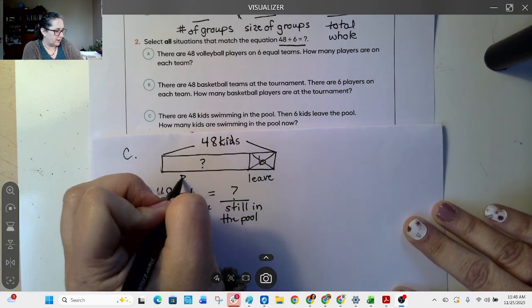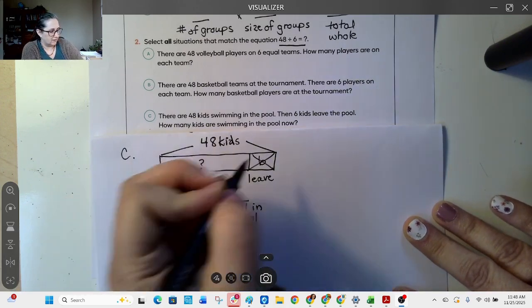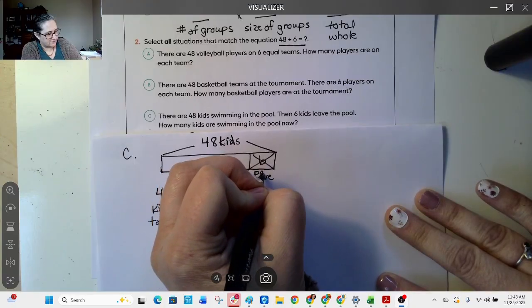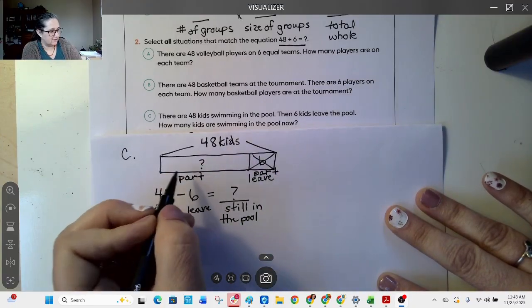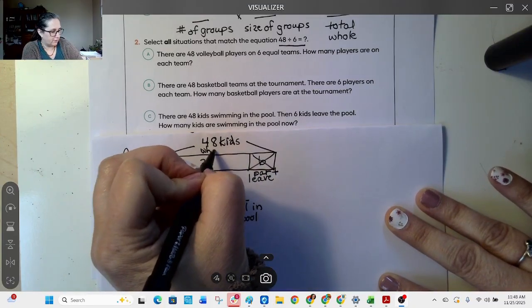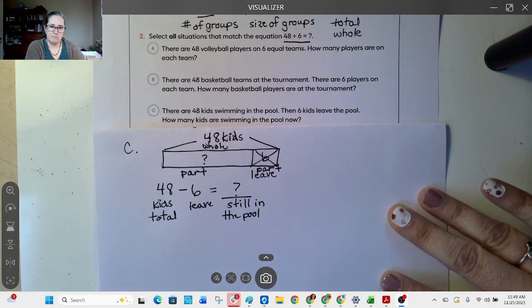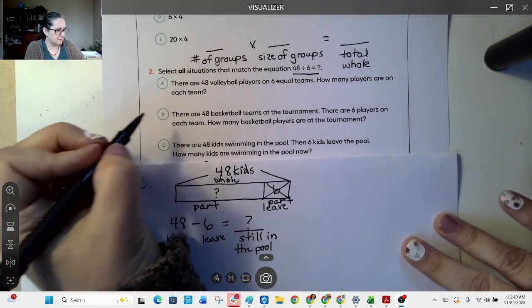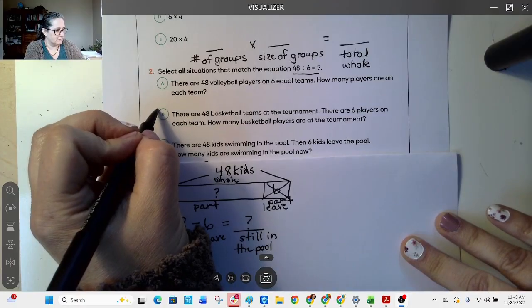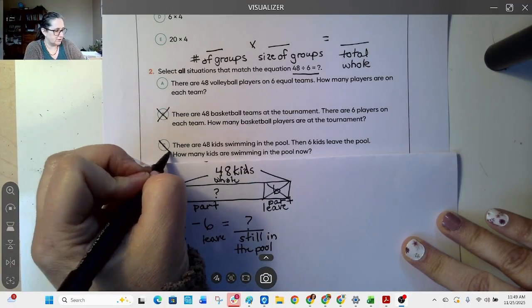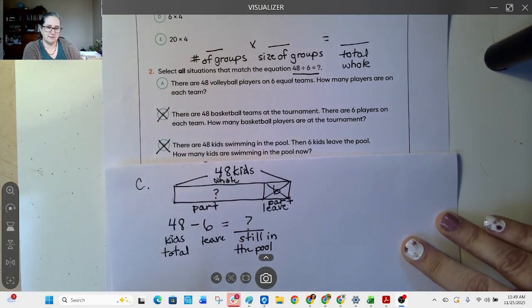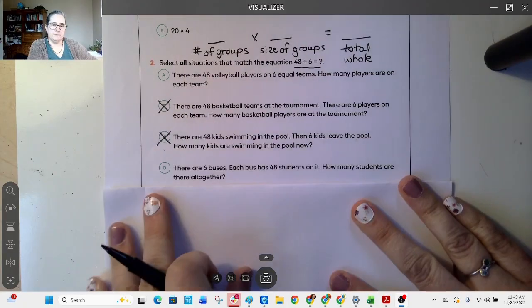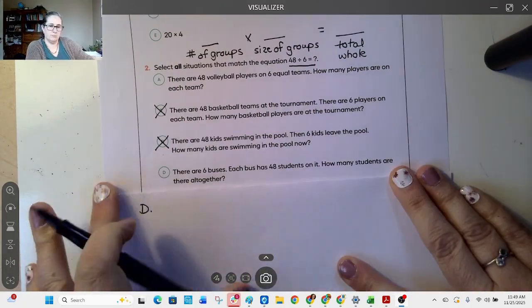We know one part leaves, one part stays, and the whole is 48. So this also does not match 48 divided by 6. This is 48 minus 6. So let's look at D.